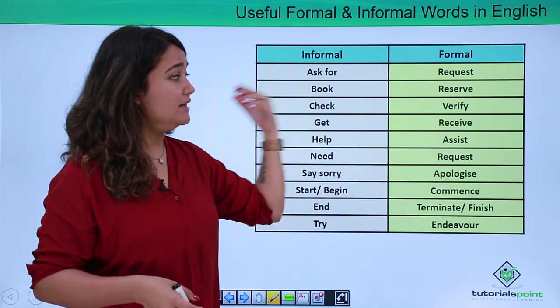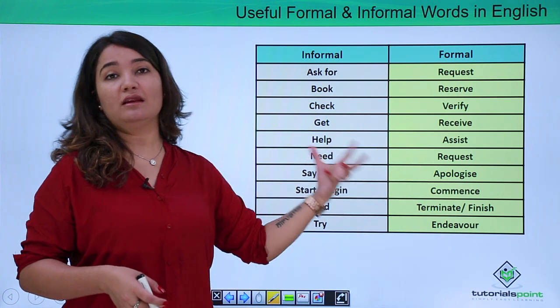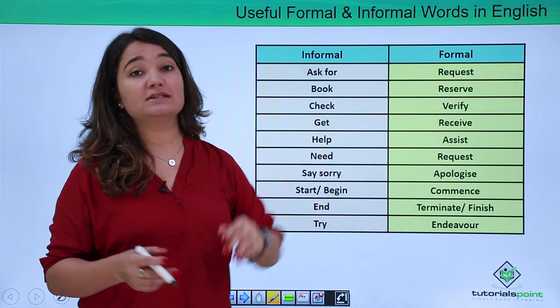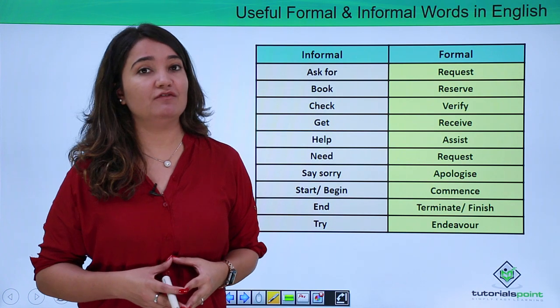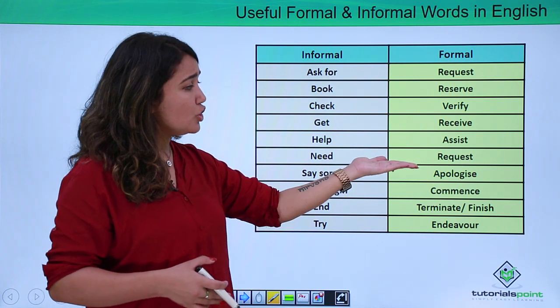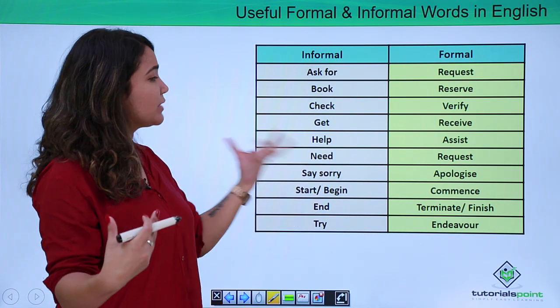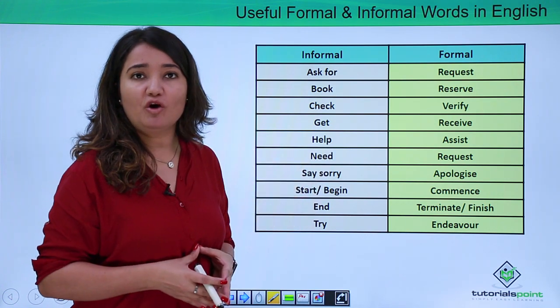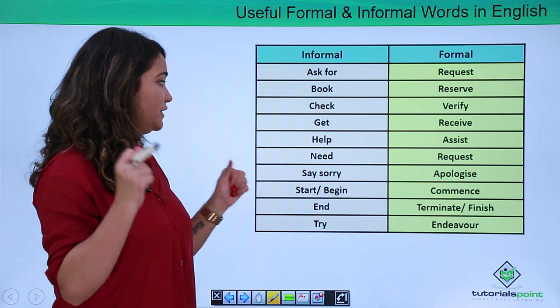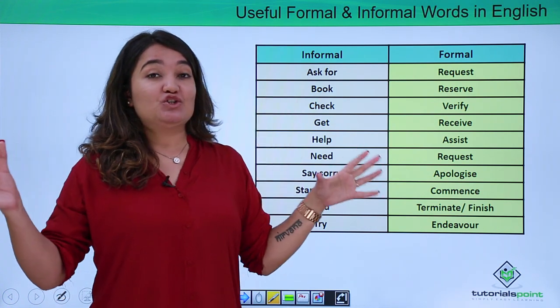Okay, need and request. So request, as we've studied here itself, is also a very formal way. So similarly, you could also use request in the context of need, right? So need is an informal way and request is a better formal way. Apologize.